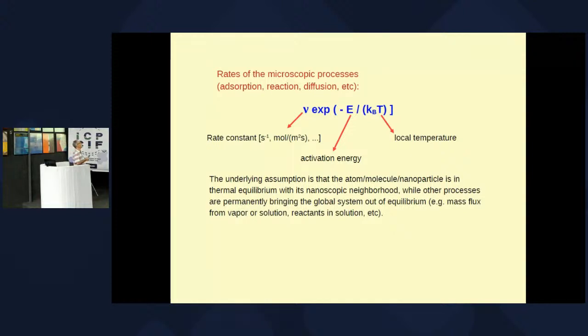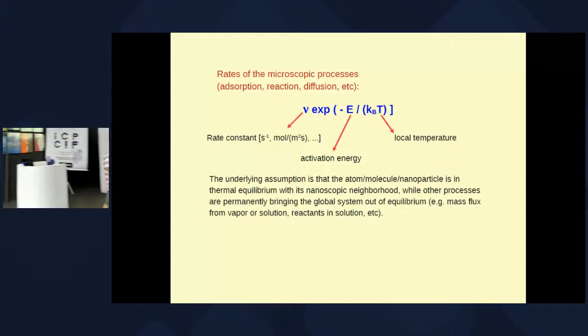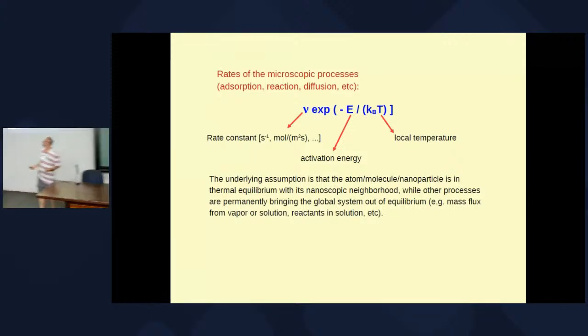The one thing that is common among all these methods is that the rates of microscopic processes, like those processes I listed to you, are written as an Arrhenius factor, or one constant multiplying a Boltzmann factor, in which here we have a rate constant.